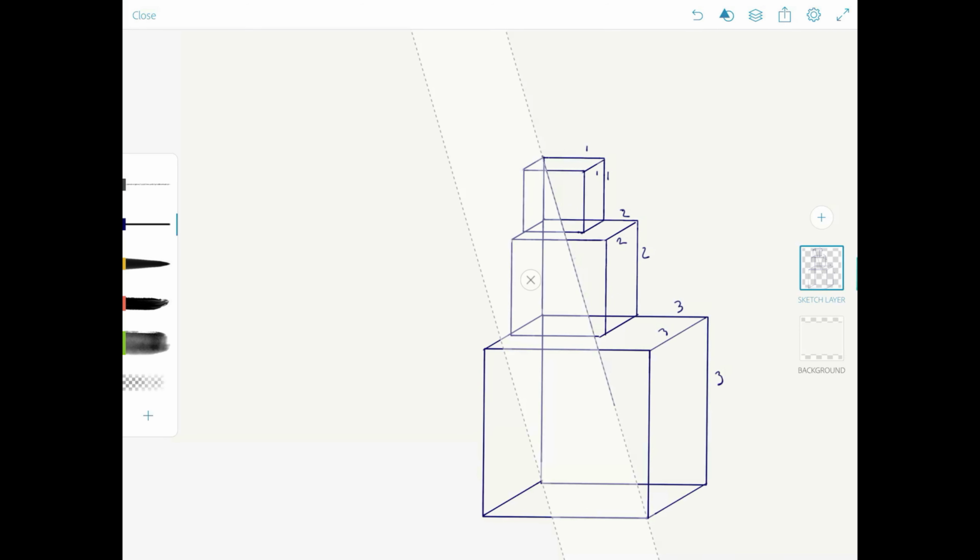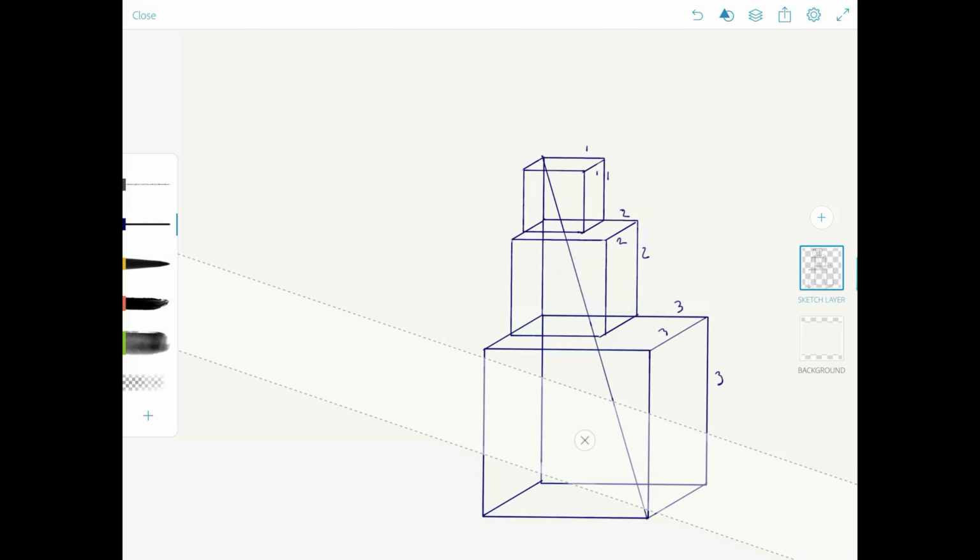This takes fine motor control that I don't have. Here we go. All right, that's the right angle. I just have to get the right position. There we go. That's good enough.